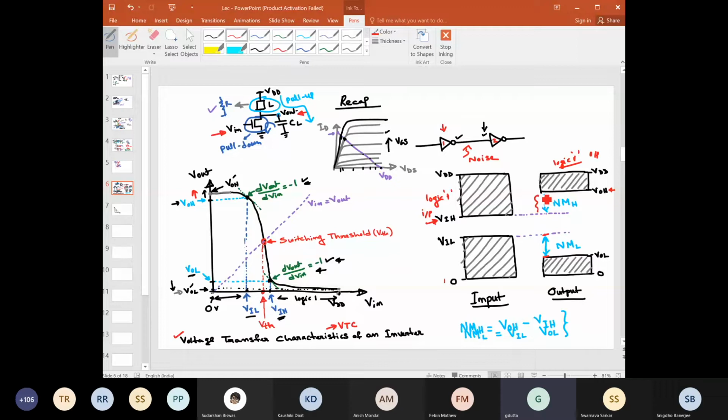So we have defined the difference between this and this as noise margin high, and the difference between this and this as noise margin low, right? Somehow these two letters got overlapped. Let me see that.